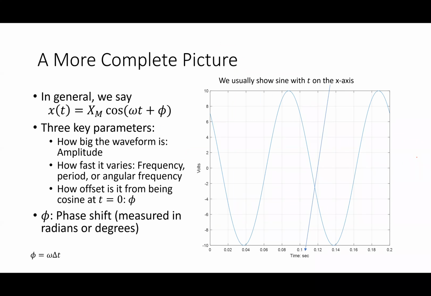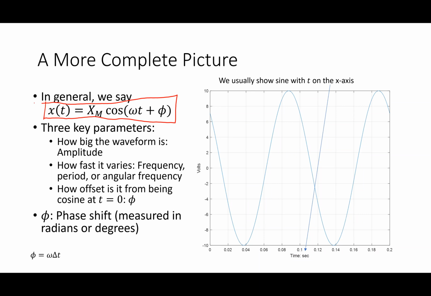A couple of definitions then. When I'm talking about a waveform in any electrical or computer engineering problem, I usually have it in this form: x of t is some amplitude times cosine of omega t plus phi, as opposed to sine. We'll see why.